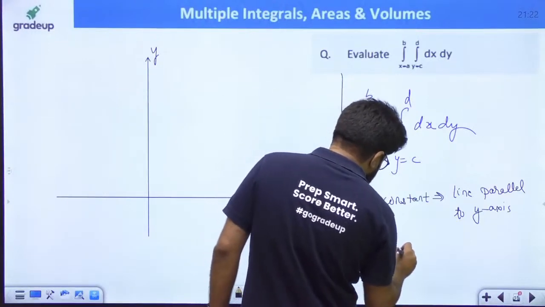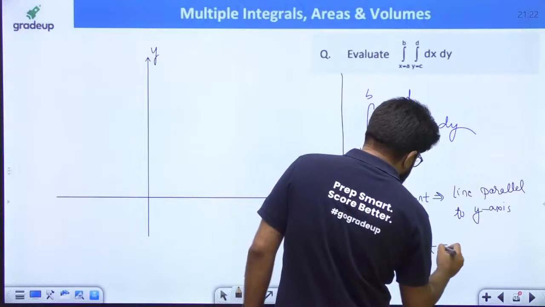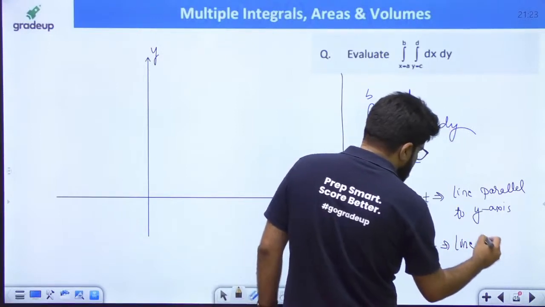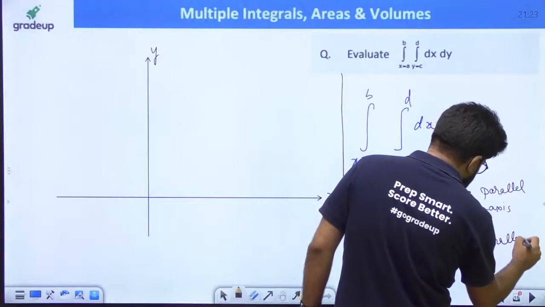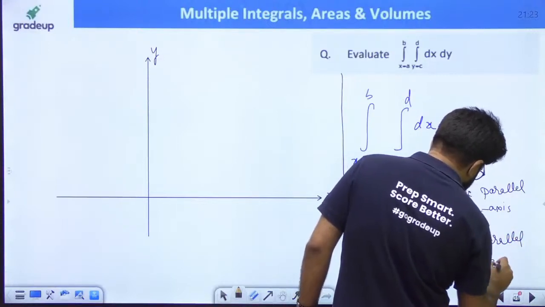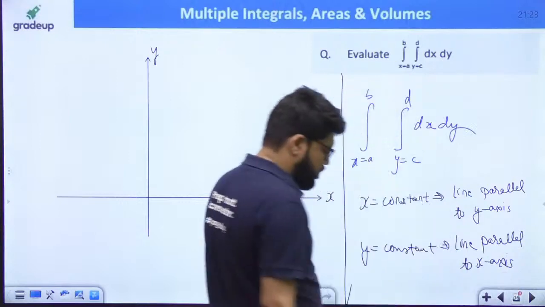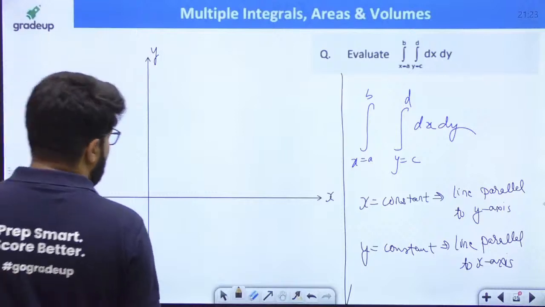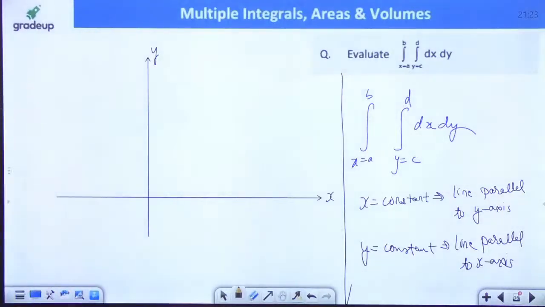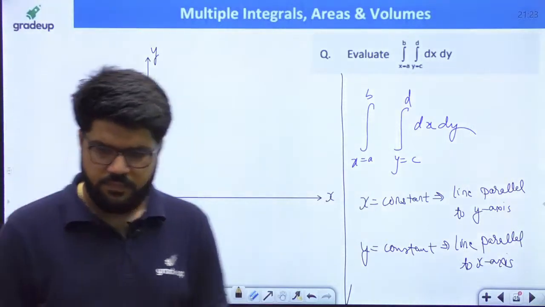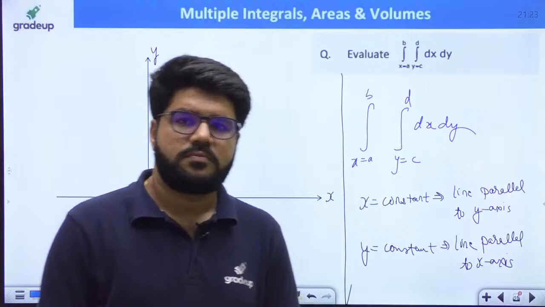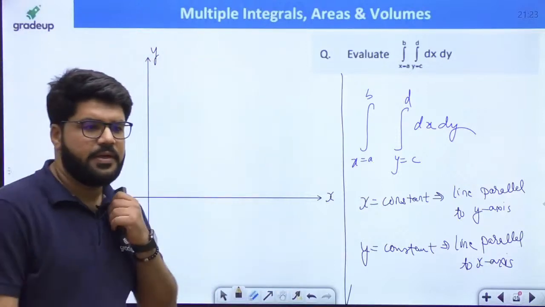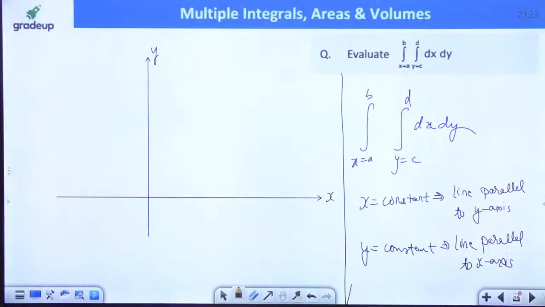And whenever y equal to constant is given, it is a line parallel to the x axis. So x equal to constant and y equal to constant are lines parallel to the y axis and x axis.